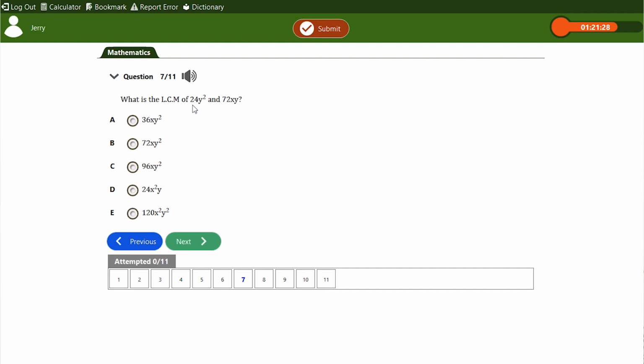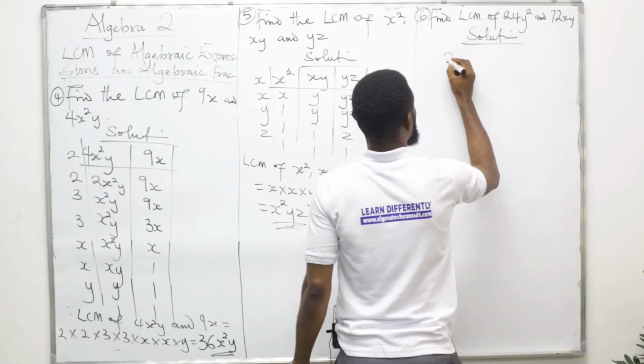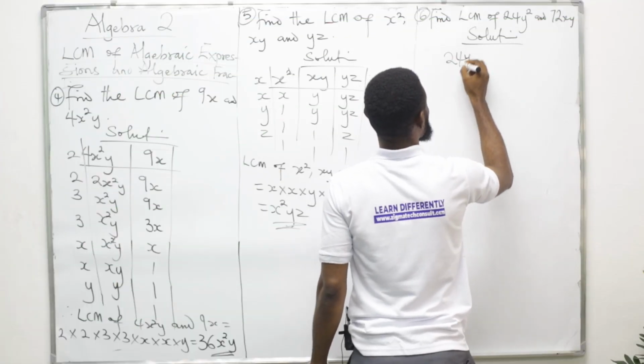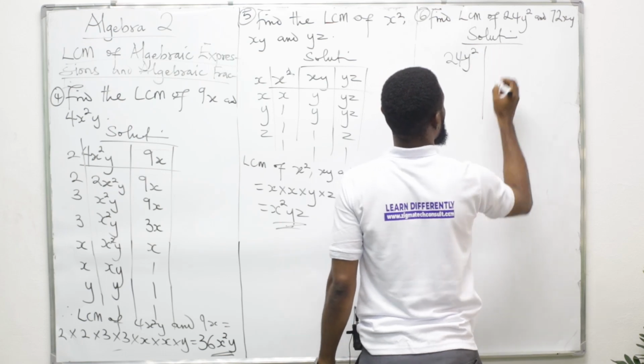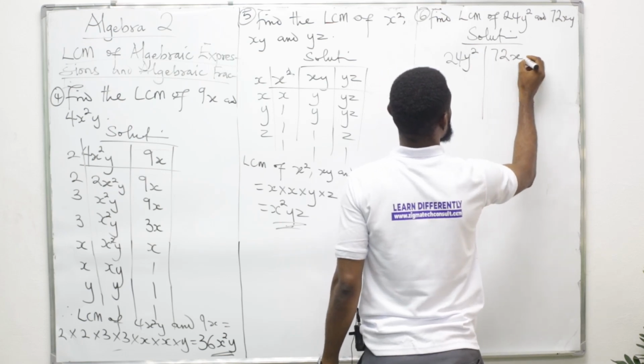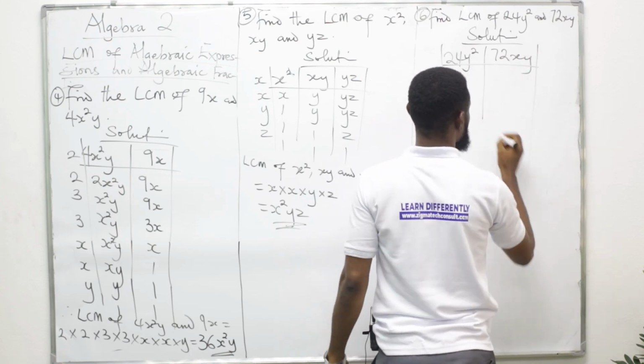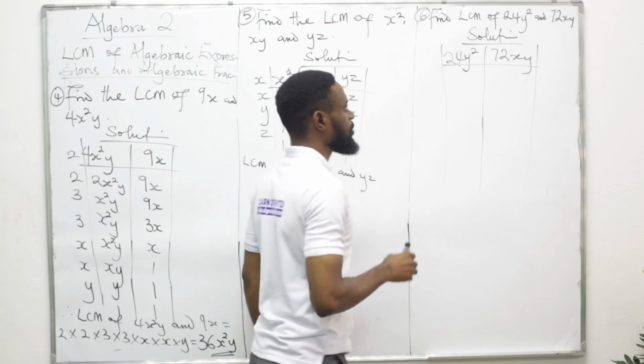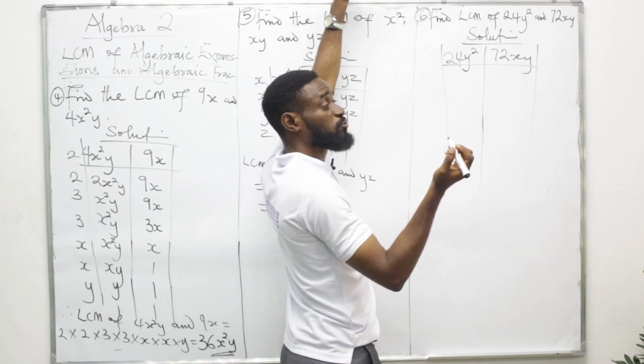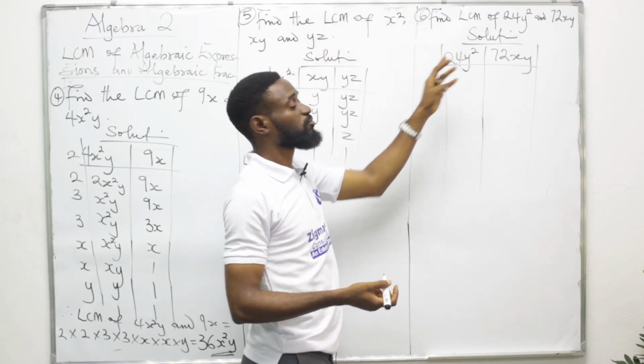This will be a very long division. So we have 24y squared, and we have 72xy. All right? So let's look at this. So 2, let's start with our 2. We know 2 is common in 24 and 72.